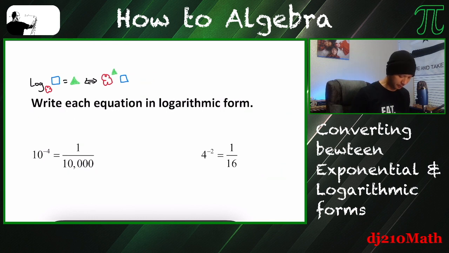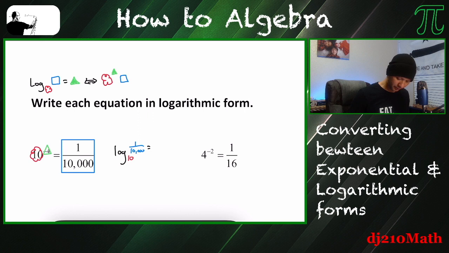All right, here's my base. So log base 10. Again, I typically didn't have to write it, but I'm doing it just to emphasize what it is and where it goes. And the outside part is going to go here.